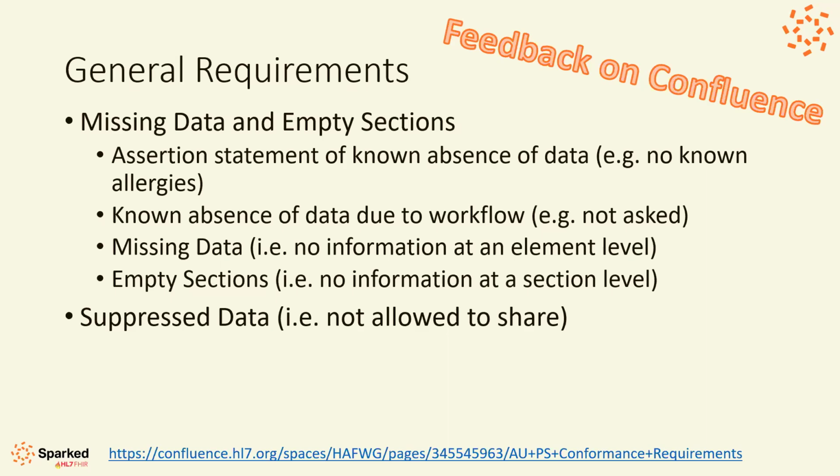So not only do you not have that information in your system, you don't know the reason you don't have that information. That's what makes these two different. And they're split: missing data is element level and empty sections is section level. Any comments or questions about this categorization?